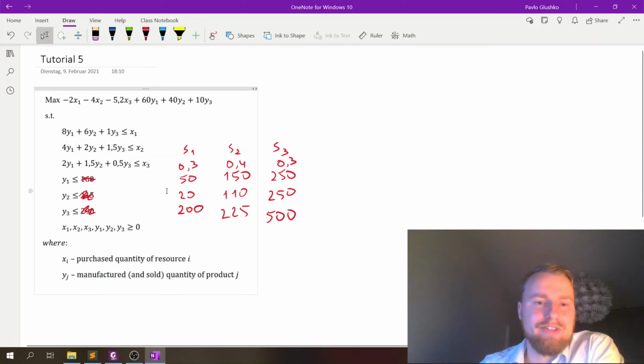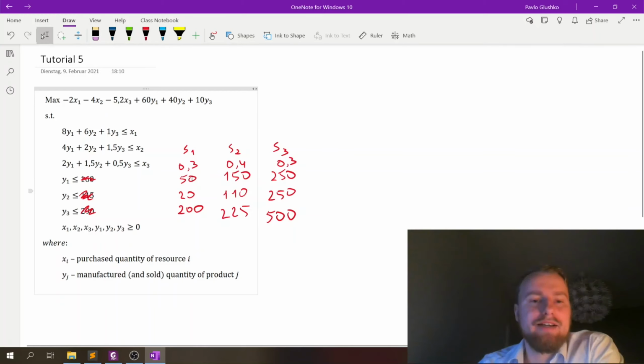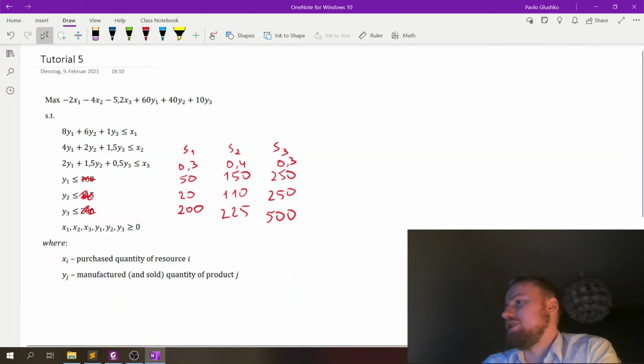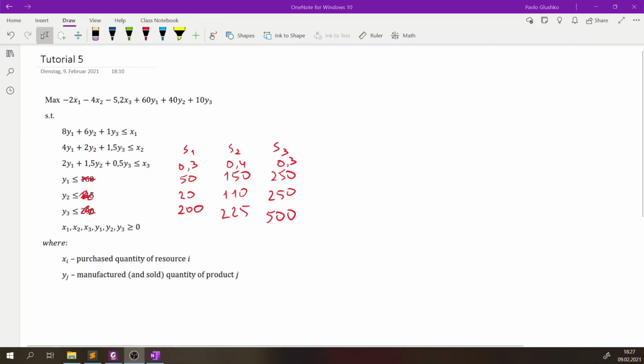We have three scenarios, each with some probability, 0.3 or 0.4, and then for example, in the first scenario, the demand for the first product is 50, for the second is 20, and for the third is 200. In other scenarios, it works analogously.